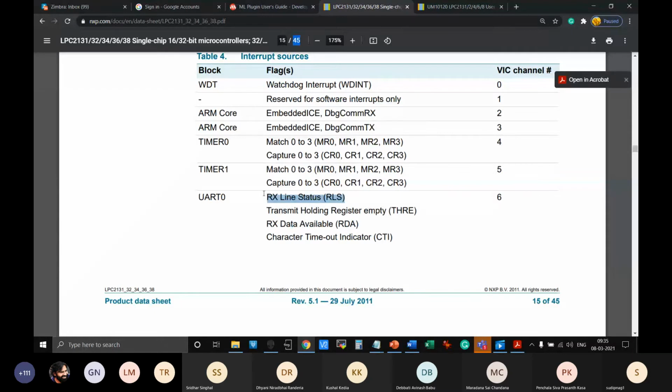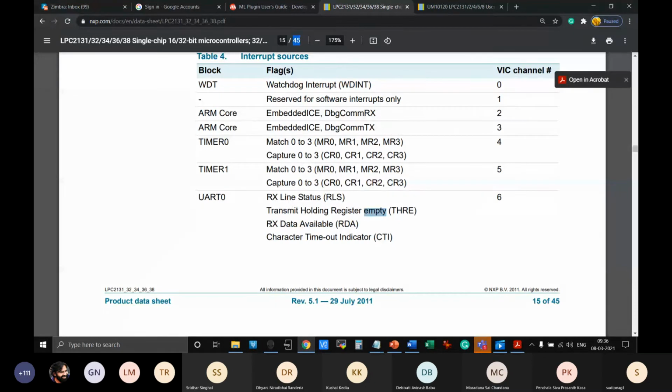So receiving has been done, then the interrupt is coming. And then there is the transmit holding register. That means you have already completed your transmission, and there is an empty register lying around, and you want to generate an interrupt once your transmission of a byte or particular word is completed.